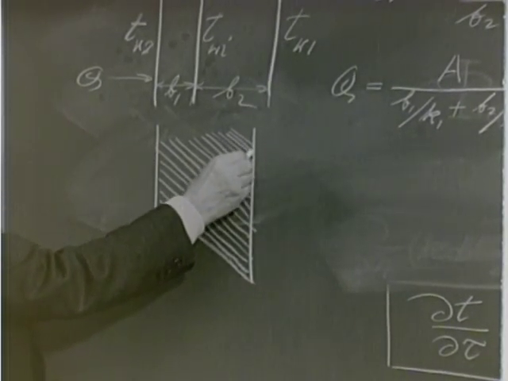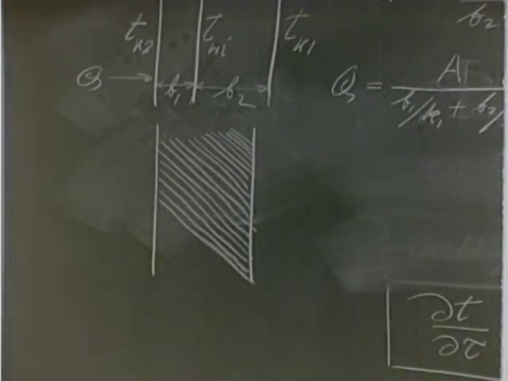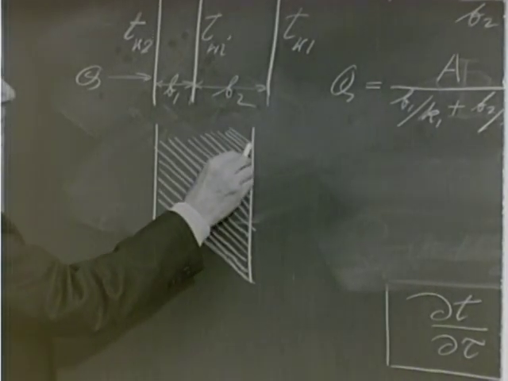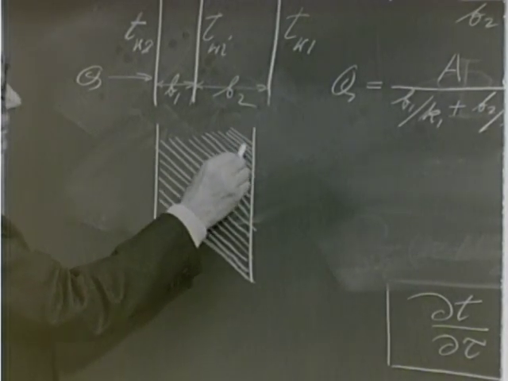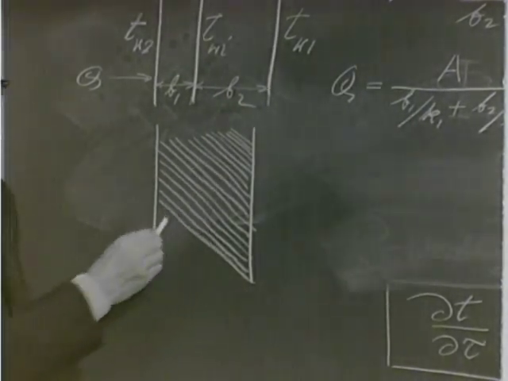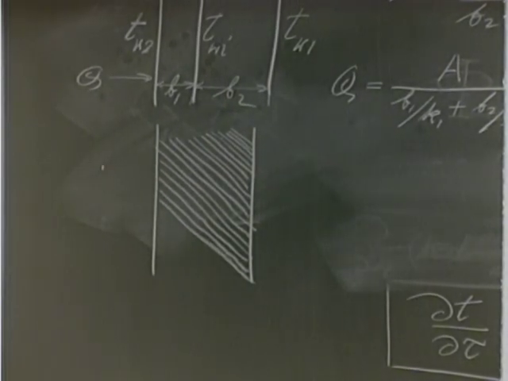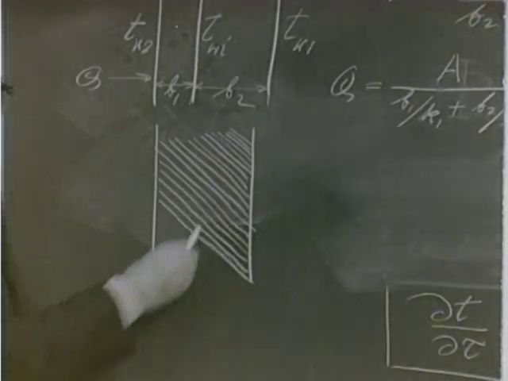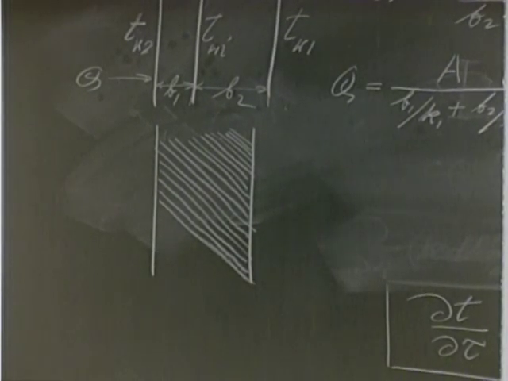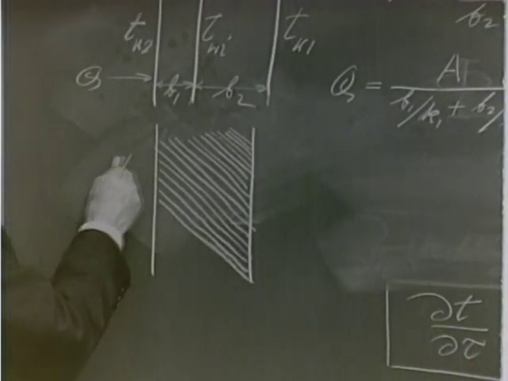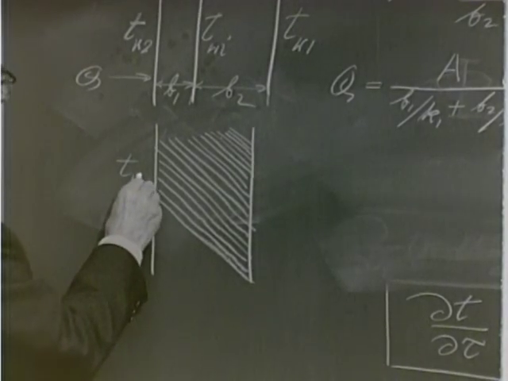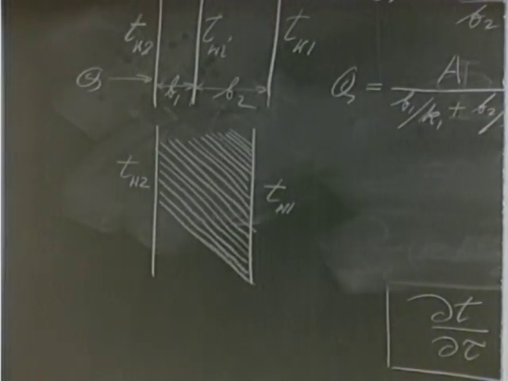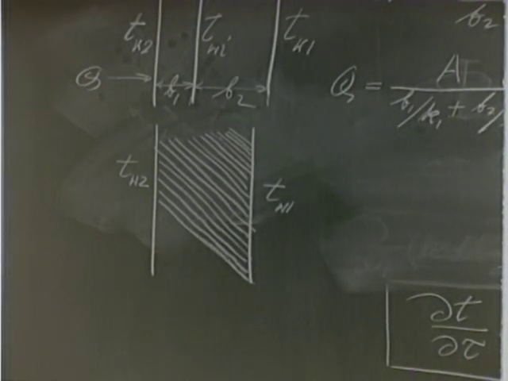Let's say again a metal, a plastic, metal, plastic, metal, plastic, and so on. The characteristic then is that one of the layers has a very large thermal conductivity, the other has a small one: large, small, and so on. And let's go for the moment to the extreme. Let's say only one of the materials is conducting, the other material wouldn't be conducting at all. And again, we apply to one surface a temperature T wall 2, uniform over the surface, and to the other surface a temperature T wall 1, uniform over the surface.